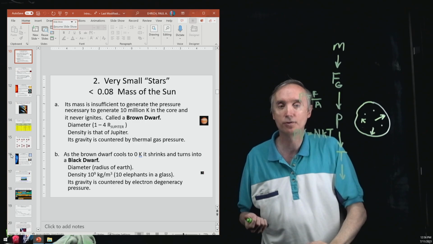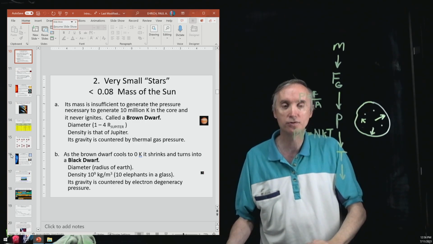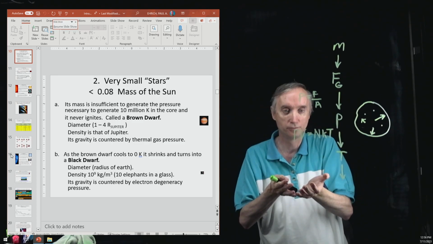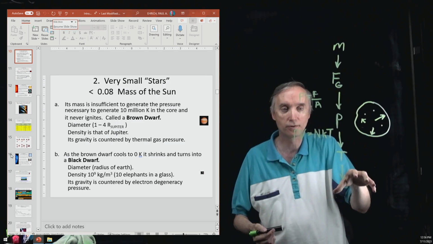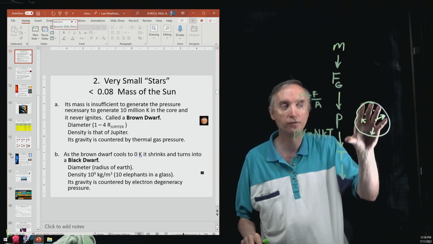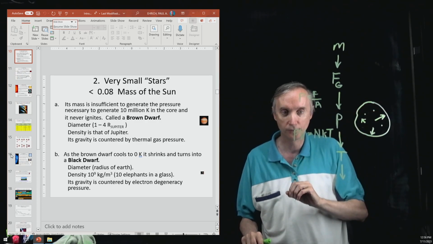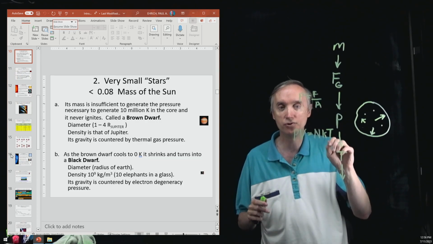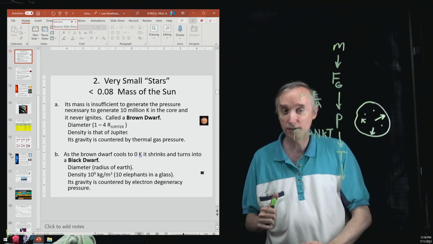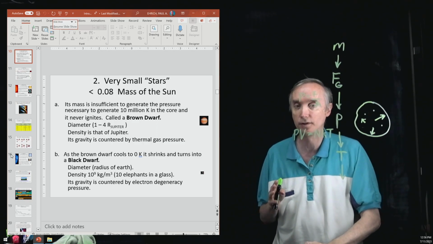You can try this in your refrigerator. So if you were to blow up a balloon, look at the diameter of that balloon, then stick it in the freezer compartment, and then look at it 24 hours later, you would find that that balloon has shrunk. So similarly, Jupiter is going to shrink. Now this is going to take trillions of years.